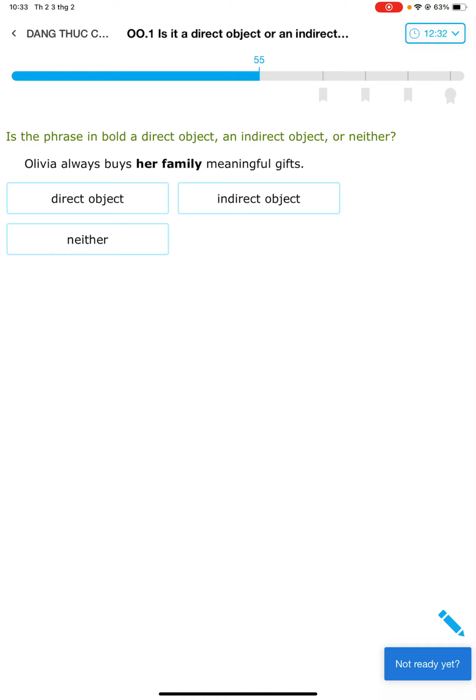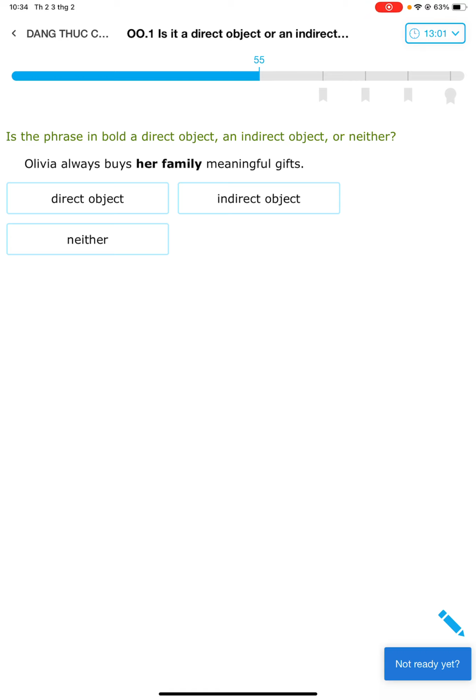Okay, Olivia always buys her family meaningful gifts. I can see buys is a verb. So let's ask a question to see whether it is a direct object or an indirect object. What is Olivia buying? Olivia is buying meaningful gifts, so meaningful gifts would be a direct object.